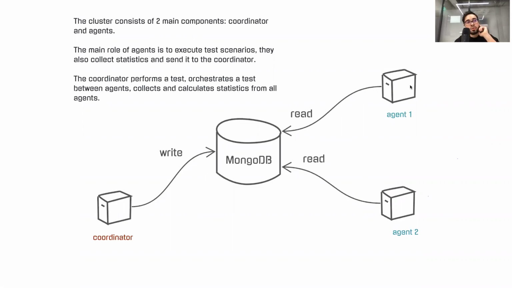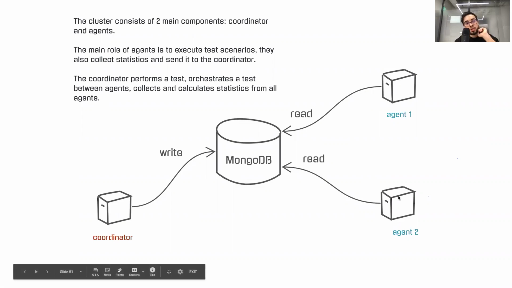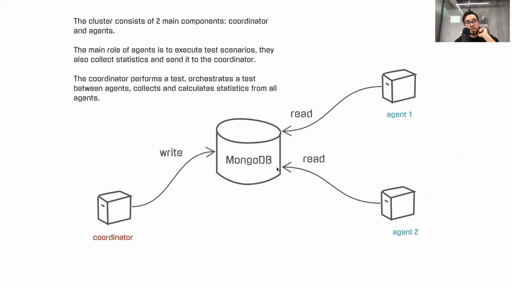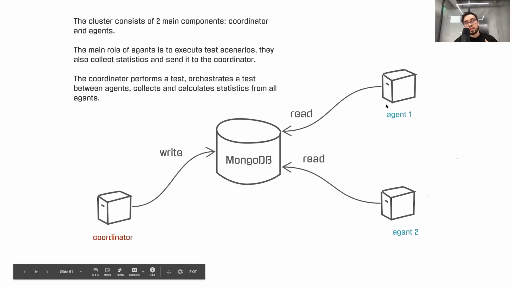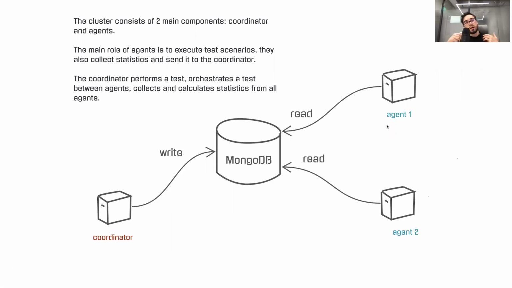Next time I want agent one to start inserting data. Agent 2 should start inserting and reading in parallel, and this one will do nothing or will read data. You can change it dynamically, just by restarting the coordinator. You don't need to restart the agents. They are very static. You run them and that's it.